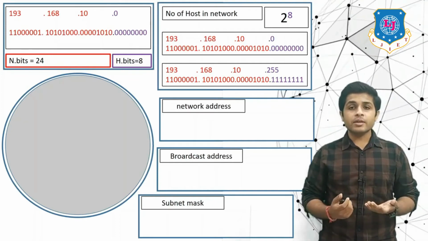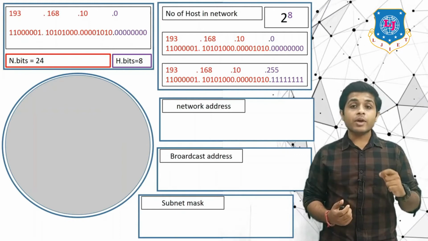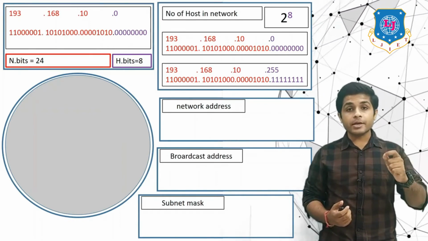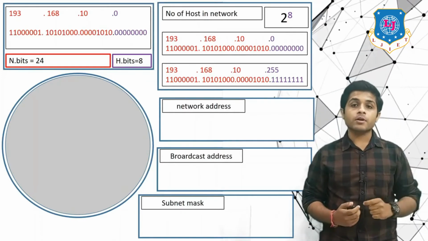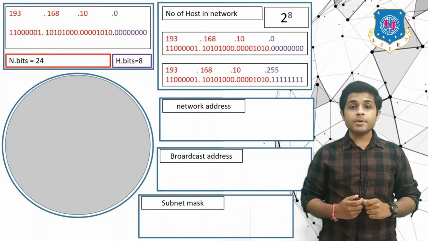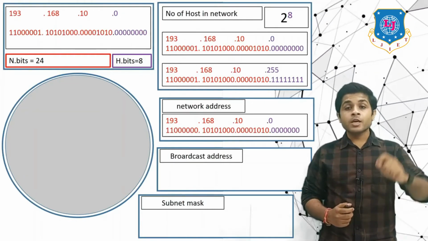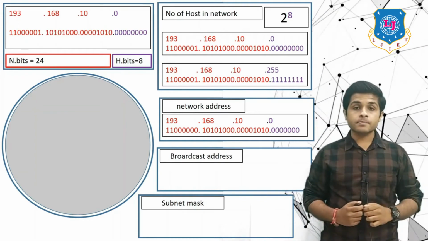Now generally, the first and the last IP address will not be allocated to any device, because the first IP address of the network represents the whole network. What is the first IP address? It is 193.168.10.0. So this IP address represents the whole network.